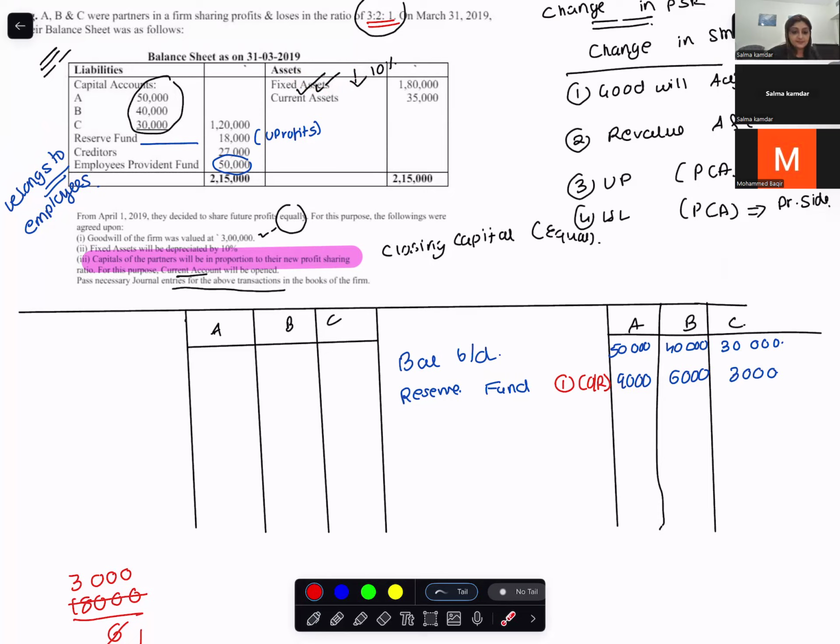It is depreciated by 10%, so 18,000 will be distributed to the partners. It will be depreciated by how much percent? By 10%, right?